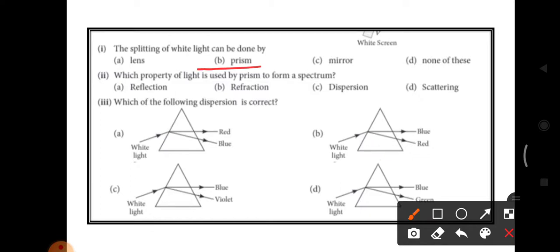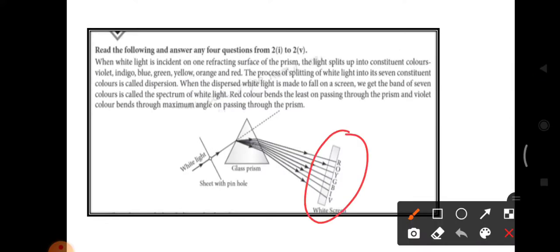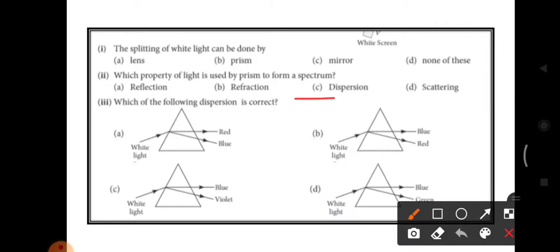Which property of light is used by prism to form a spectrum? Reflection, refraction, dispersion, scattering. The band of 7 colors is called spectrum. This spectrum is obtained by the process of dispersion. So option C is the correct answer.